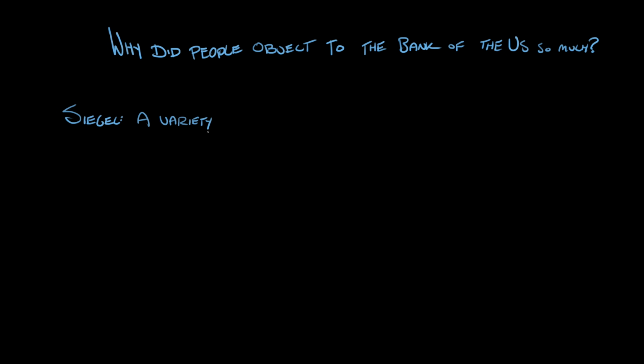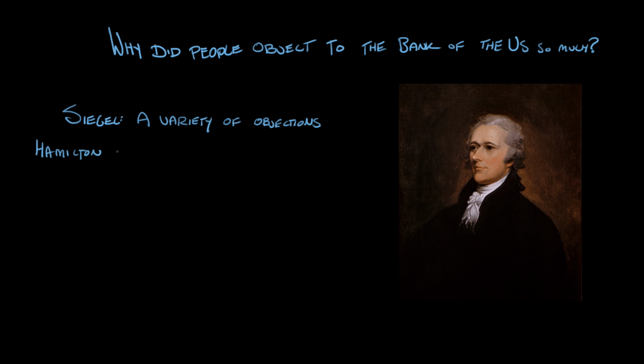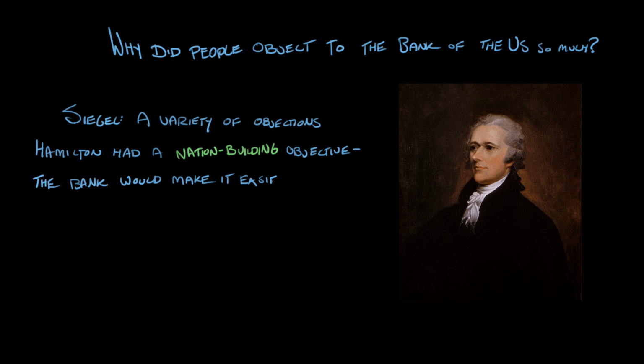There was a real political policy disagreement about whether it was a good idea. Hamilton had a nation-building, economy-building objective as the first Secretary of the Treasury. He wanted to pay off both the national debt and the state debts from the Revolutionary War, which remained unpaid.